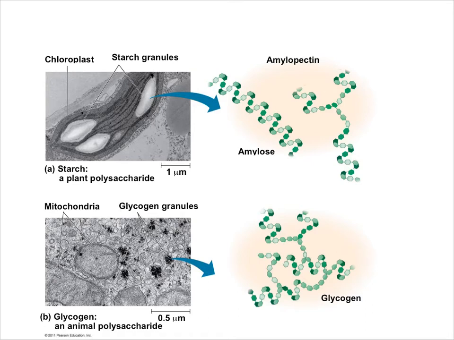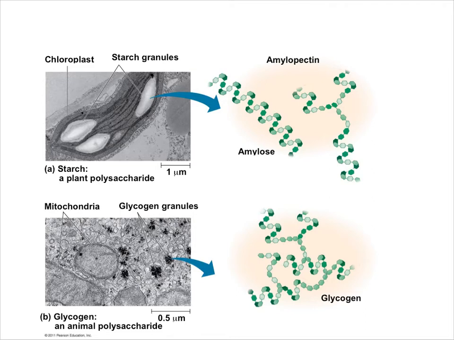I'm not going to get into the structure of cellulose here, but starches are an amylose structure, and they basically are a linear chain of glucose in a spiral. So you've got one long spiral of glucose.